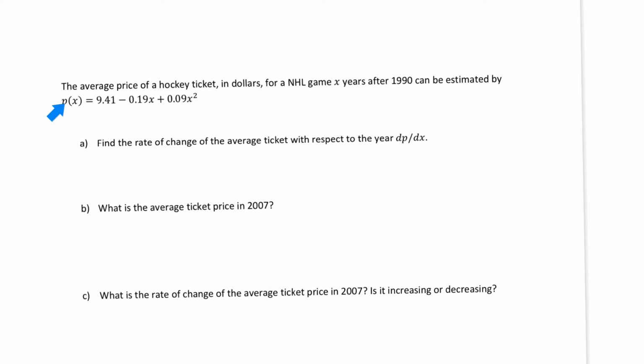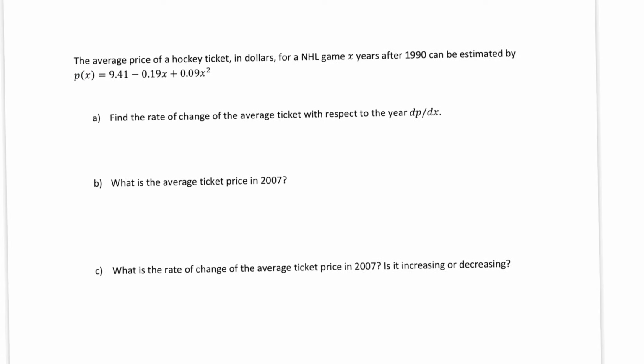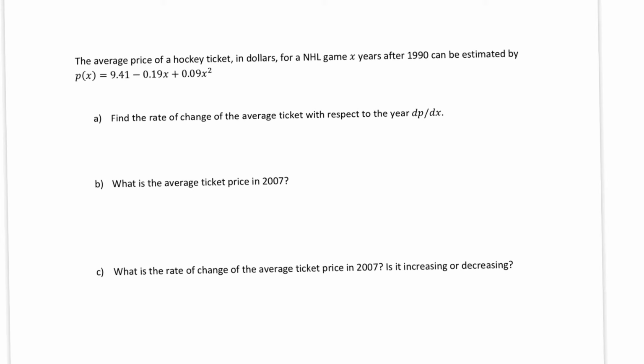So this time we've got a p, lowercase, which stands for price, I assume, and we're looking for X years after 1990. So if we're talking about 1995, then X is 5. So be careful of the wording.